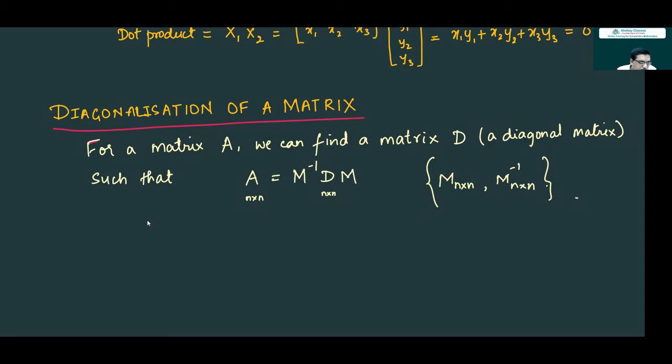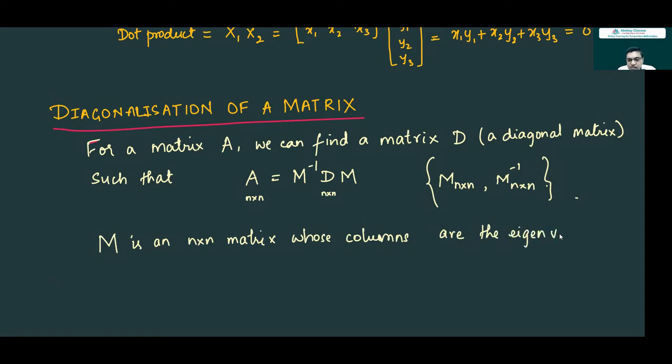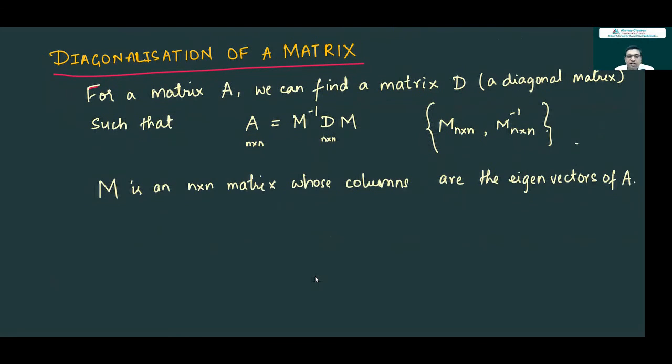Now, what is M? M is an n by n matrix whose columns are the eigenvectors of A. Whose columns are eigenvectors of A. All right.